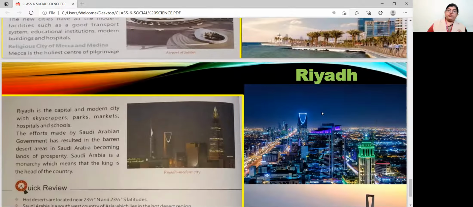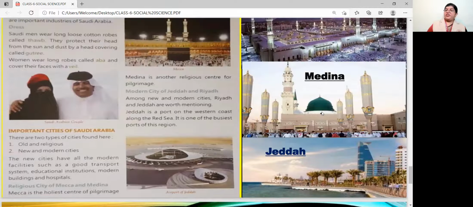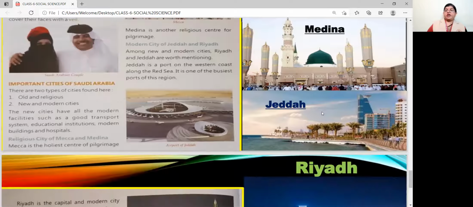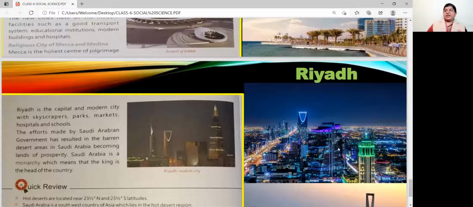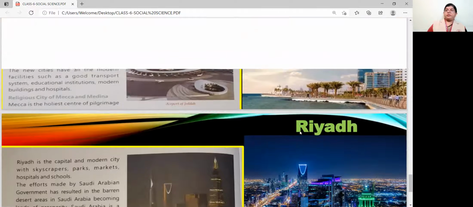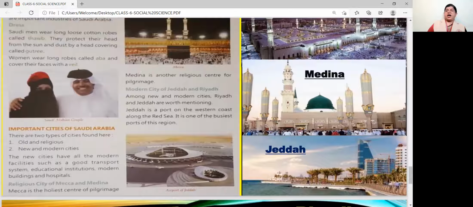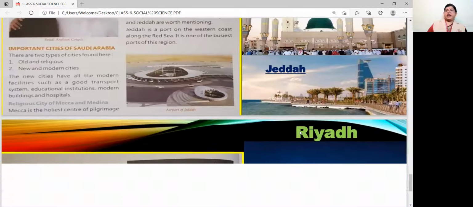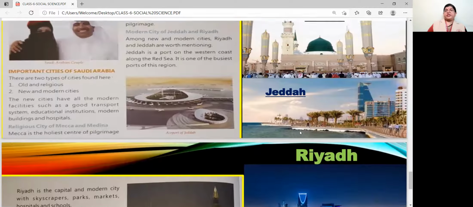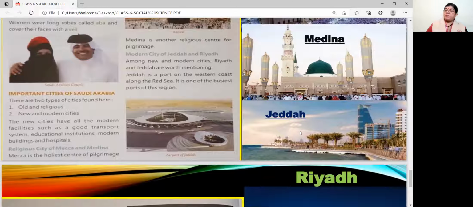And you all know very well that Riyadh is the capital of Saudi Arabia. So in modern cities, we are having Riyadh and Jeddah. Among new and modern cities, Riyadh and Jeddah are worth mentioning.